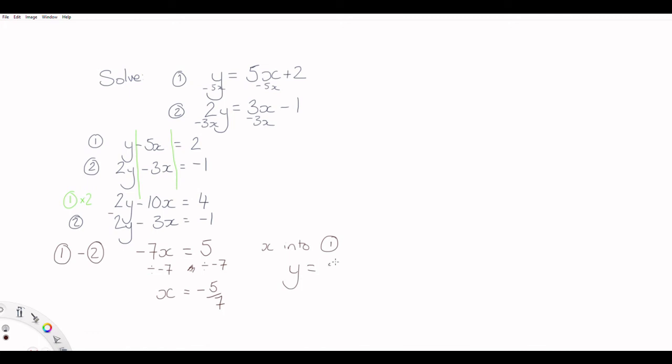So y equals 5 lots of minus 5 over 7 plus 2. Let's times the bracket out first. So you have 5 times the top, so we'll have minus 25 over 7 plus 2, which is the same as 14 over 7.